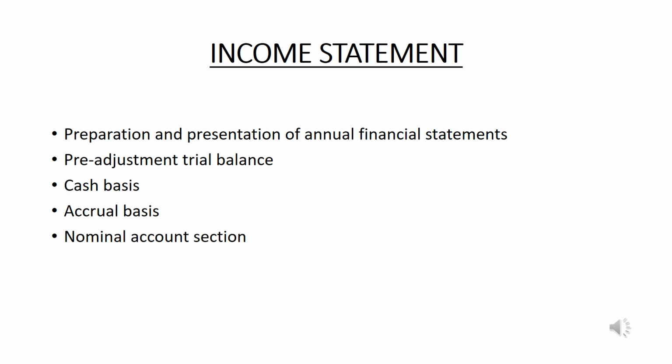Goods that were previously bought by our entity are now sold to our debtor, our accounts receivable. Since the goods are no longer with us, we will need to adjust an inventory account.